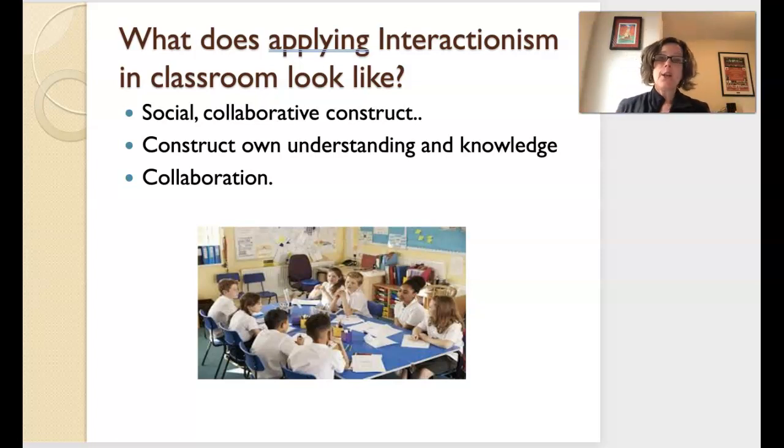Okay, so this is where it is very much not about filling. Remember, I talked about opening the head and filling it, filling the head like a behaviorist. This is all about constructing their own understanding and knowledge, and that they actually bring quite a bit of knowledge to the table already. And just collaboration. It's all about collaboration. It's all about coming together and working together.